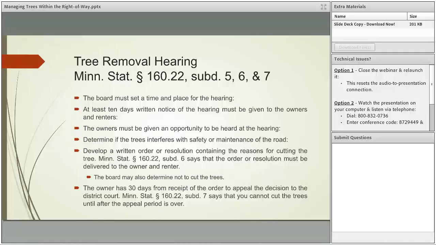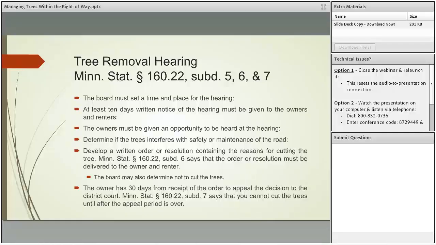So as I said before, it's supposed to be laid out in a resolution, and it should be fairly specific into the reasons for the board's determination, to have the proper records and the proper reasoning, so that the town board isn't seen as acting arbitrarily and capriciously.